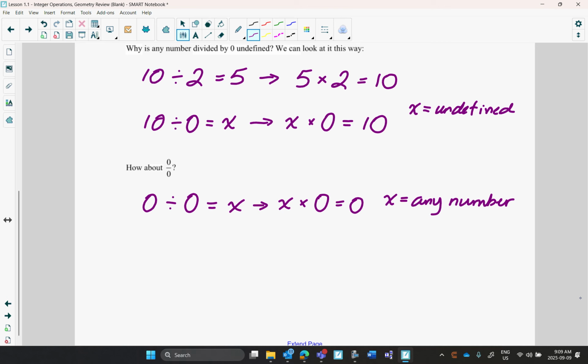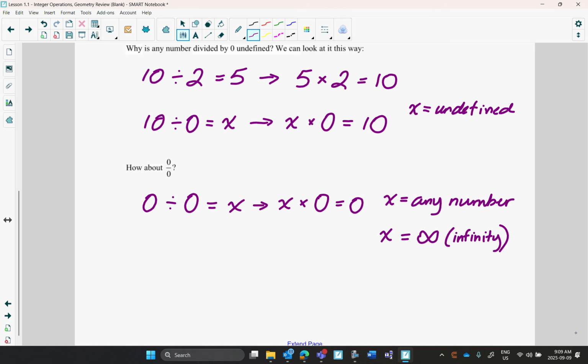Or sometimes what we say, if it's all numbers that go on forever and ever, some people like to use the fancy infinity. It means every single number: positive, negative, even fractions, even decimals, even numbers that don't repeat or don't end, anything.